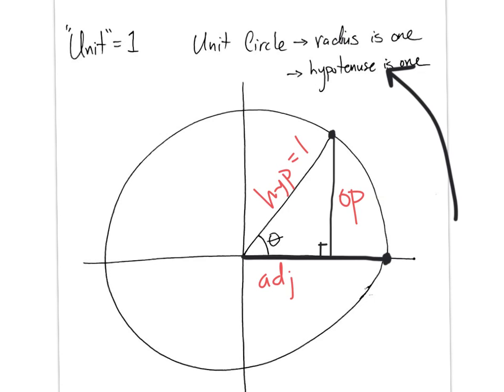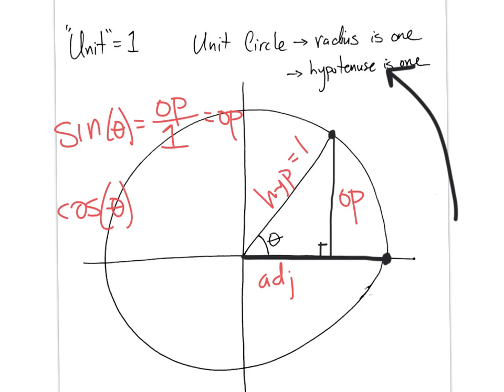So what we can say is that the sine of the angle is the opposite over the hypotenuse, and see how I'm just writing 1? The opposite side divided by 1 is just the opposite side. And we can say that the cosine of the angle is the adjacent over the hypotenuse. Dividing something by 1 is just itself.